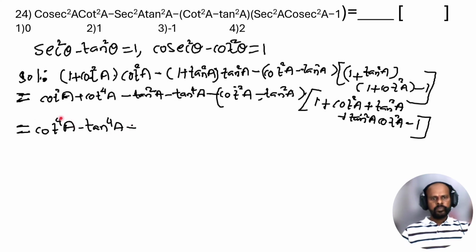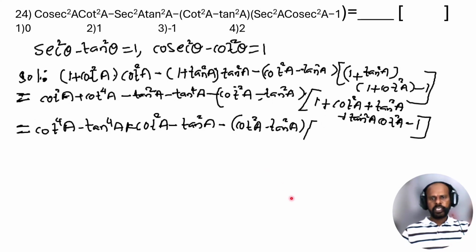Next cot square A and minus tan square A writing at a time, these two, and the remaining two terms I am writing as it is, this bracket as it is.